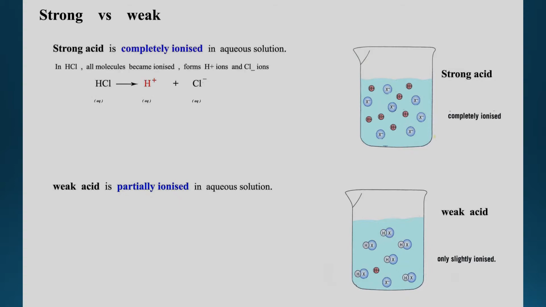In equation form, let's look. A strong acid like HCl will completely separate into ions, an H plus ion and a Cl minus ion. A weak acid only partially separates, only some of them separate into an H plus ion and the others remain unseparated.